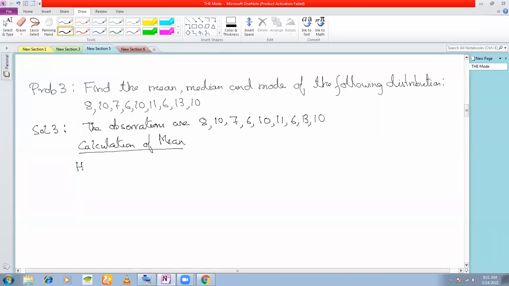So what is calculation of mean here? First of all, we'll calculate sigma x. Sigma x is nothing but the addition of all the observations. Let me write here the value of n also. So here, how many observations are given to you? 9 observations, right? So the number of observations here is odd. So let's proceed to calculate the mean first. We add all the observations.